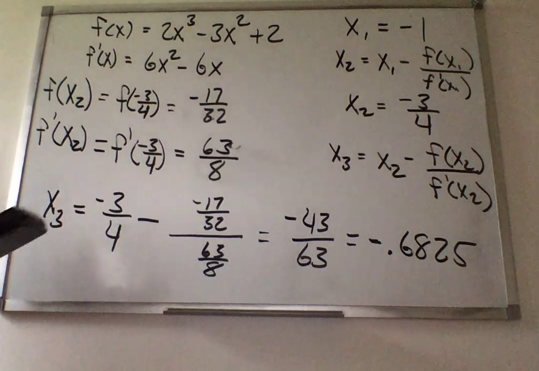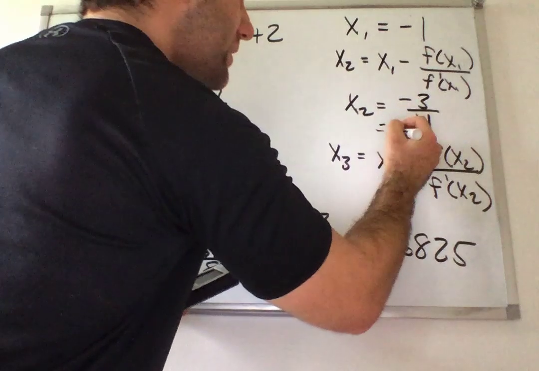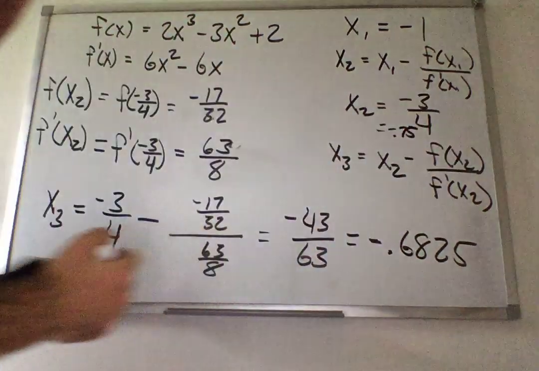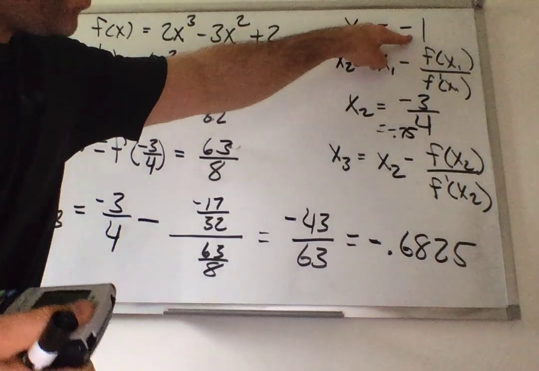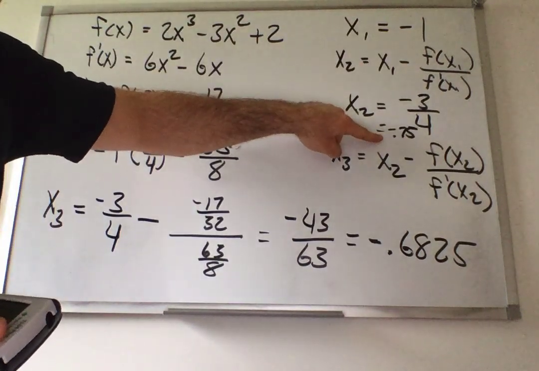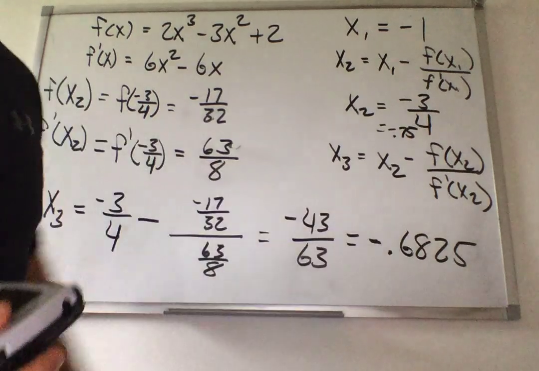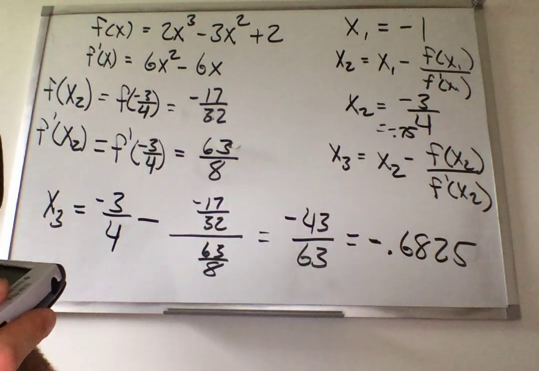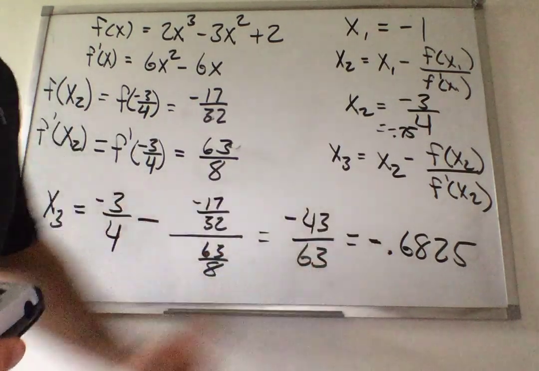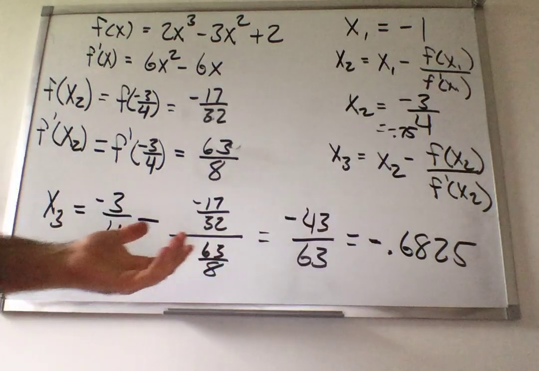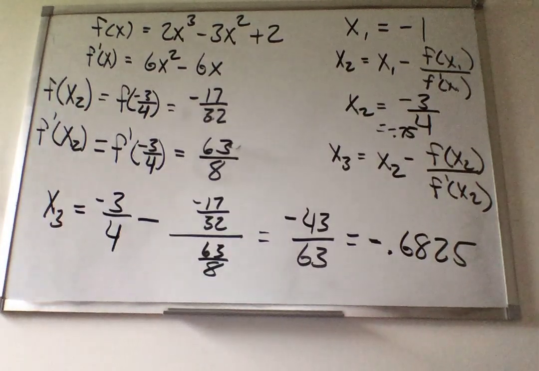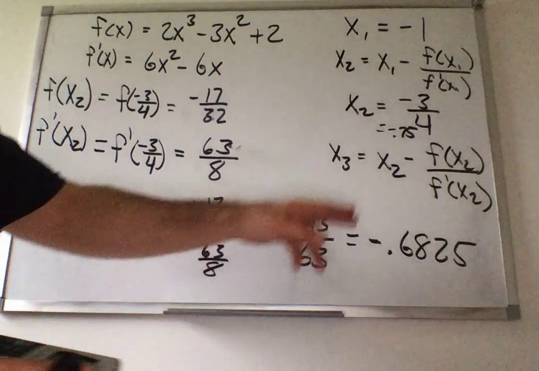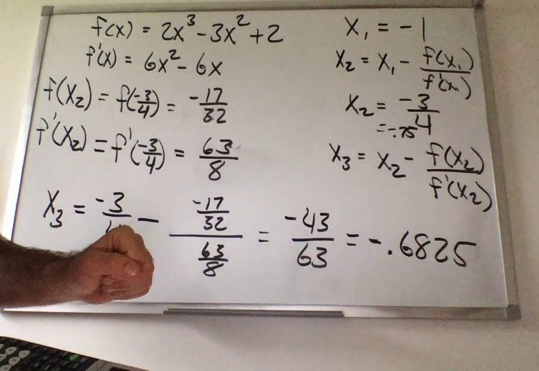As you can see, negative 3/4 is negative 0.75. It went from negative 1 to negative 0.75 to negative 0.6825. I would guess that another iteration would be probably negative 0.66, somewhere around there. That's just a guess. We're not doing the next iteration, but you can see it's getting closer to some number.